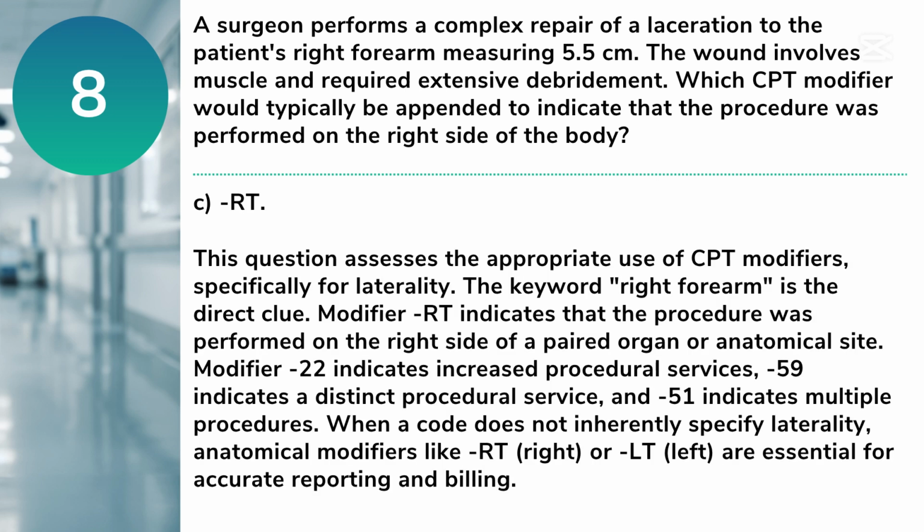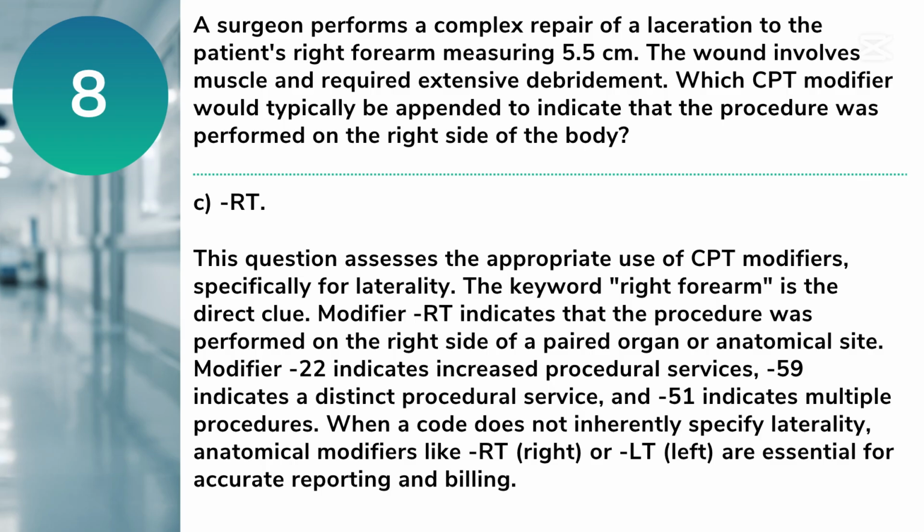Answer: C. RT. This question assesses the appropriate use of CPT modifiers, specifically for laterality. The keyword right forearm is the direct clue. Modifier RT indicates that the procedure was performed on the right side of a paired organ or anatomical site.